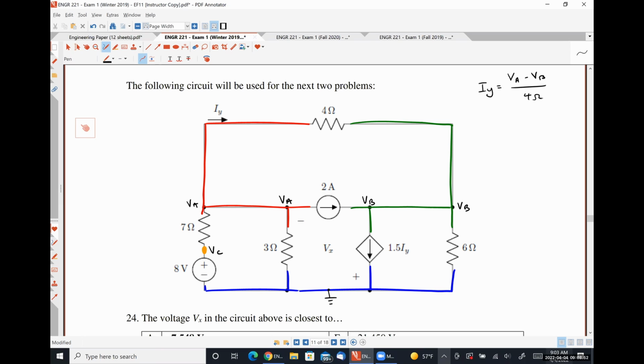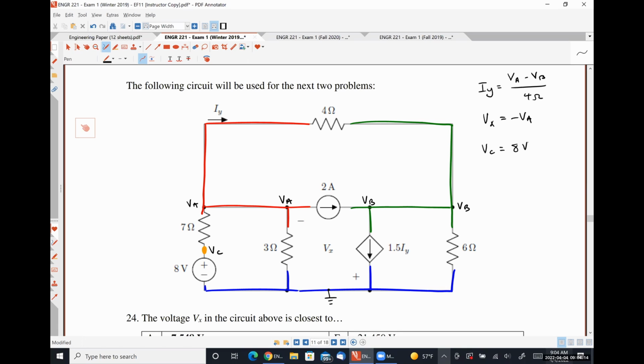Vx isn't really a controlling variable here, but I'm just going to go ahead and write that equation. Vx is negative VA. I have a voltage source, so I'm going to have a voltage relationship. So VC is equal to 8 volts.